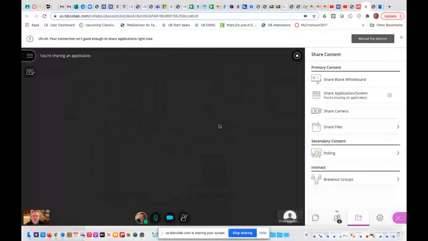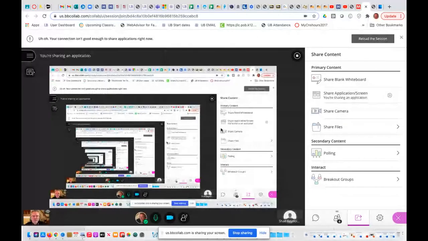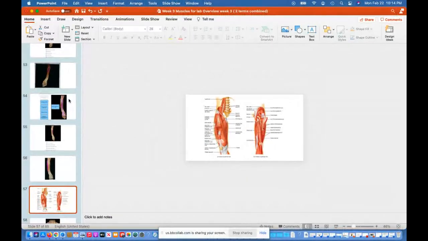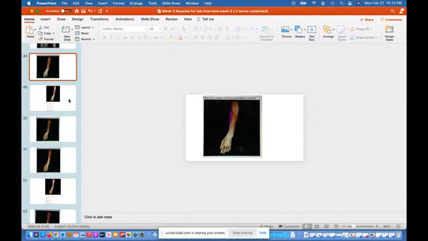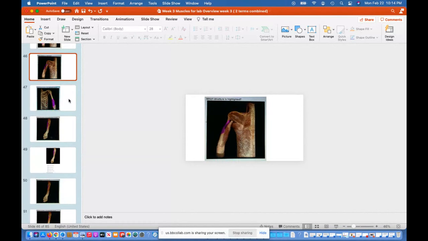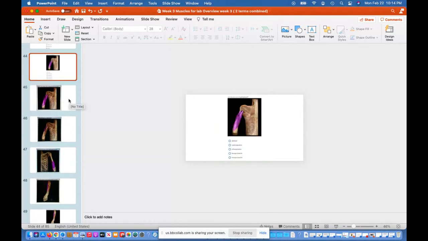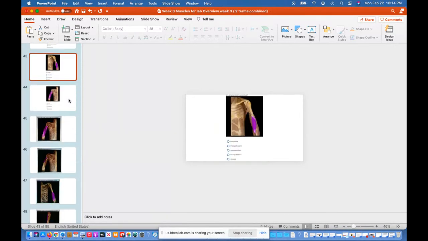When I'm on a PowerPoint, I can't see anything that you're texting because my full screen is my PowerPoint. 15 minutes is a long time.